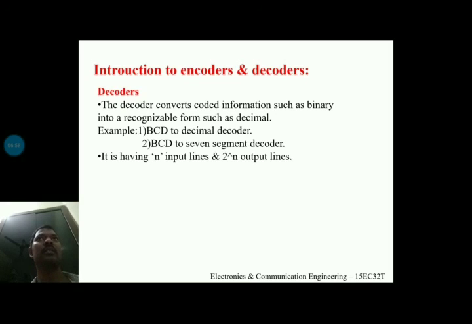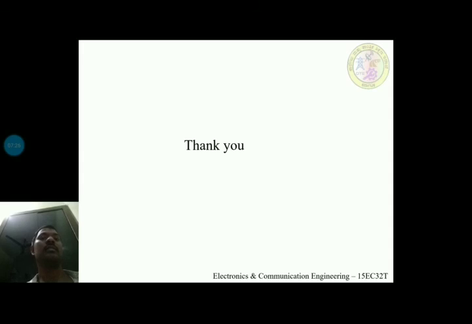In case of a demultiplexer, depending upon the select line input, the input is distributed to any one of the outputs. Demultiplexer does the reverse operation of multiplexer. Decoder does the reverse operation of encoder. This is how the encoder and decoders work, and mux demux works. Okay, thank you.